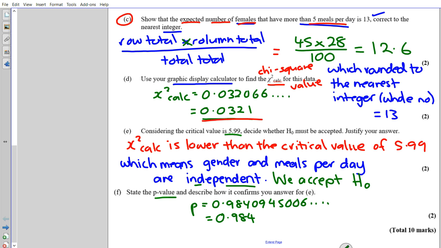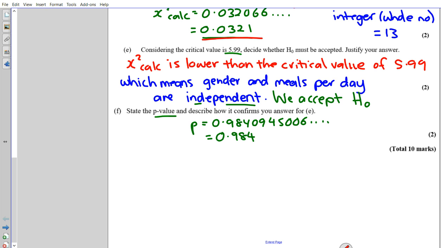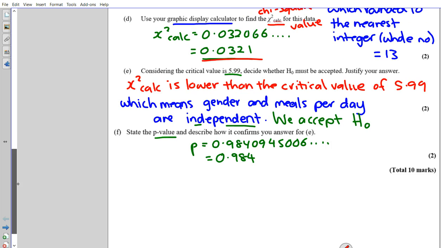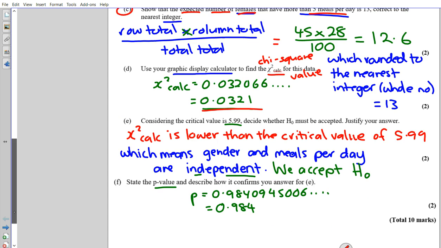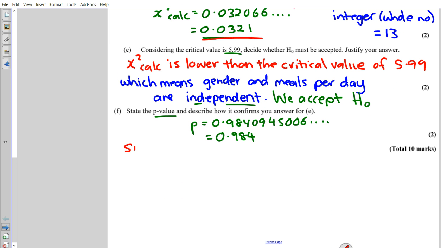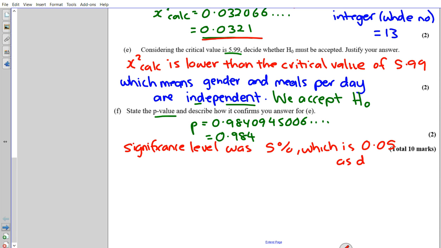So we compare the p-value to the significance value. And remember the significance value is at the top of the question. 5% level of significance. So significance level was 5%. And remember you've got to write it as a decimal, so let's just divide by 100, 0.05 as a decimal.